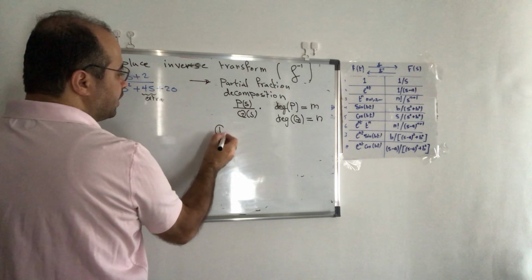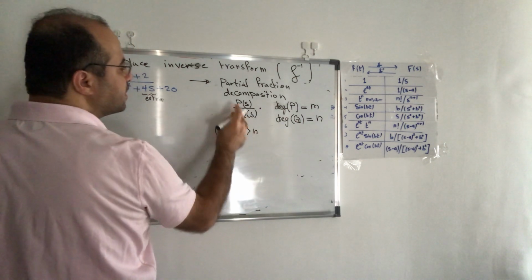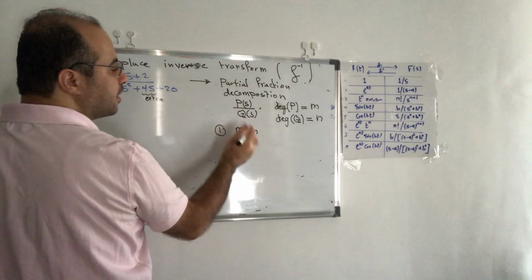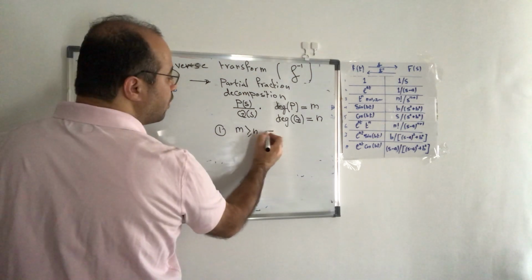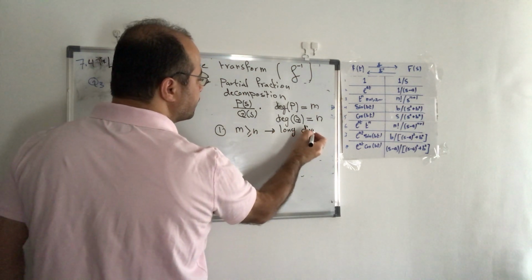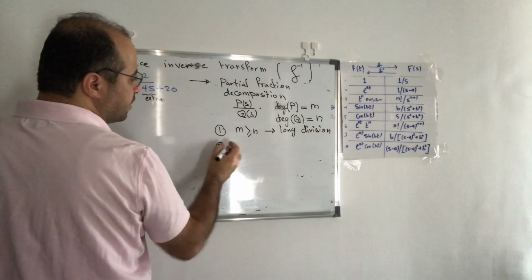Number 1, if m is bigger than or equal to n, which means the degree of the numerator is bigger than or equal to the degree of the denominator, then you go with long division.